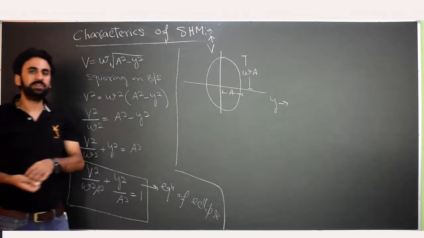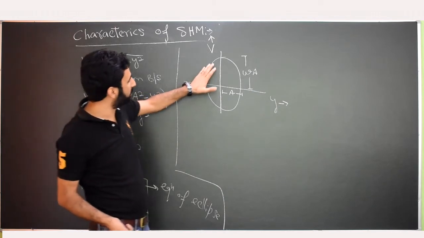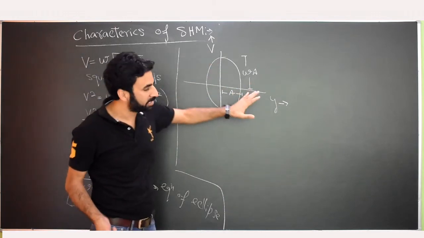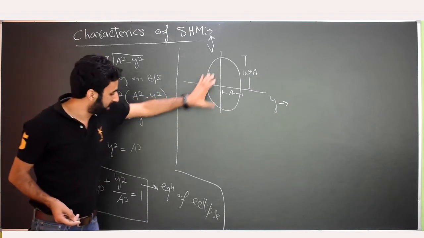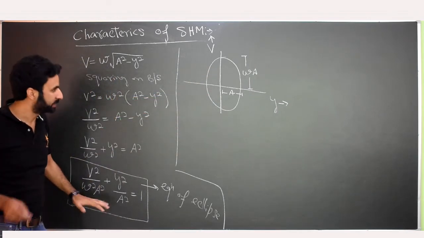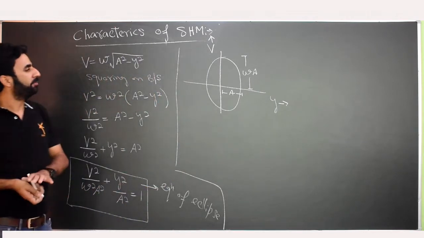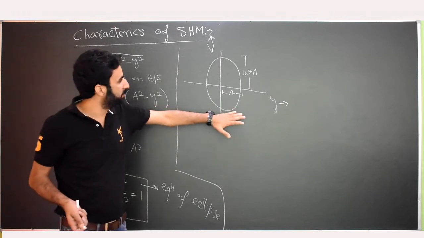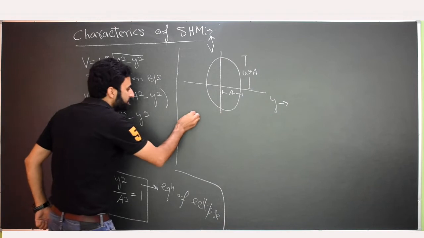So if we ask what is the graphical relation between the velocity and displacement of a particle executing simple harmonic motion, it's an ellipse, which has come from this very equation. So as a general case, the graph between velocity and displacement of a particle executing simple harmonic motion is an ellipse. But there can be a special case.